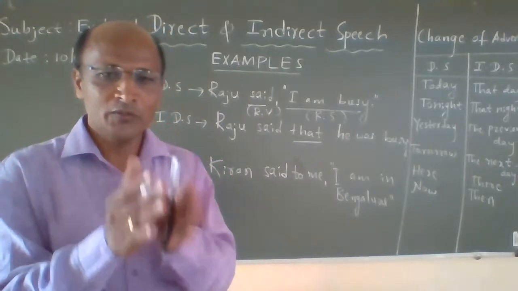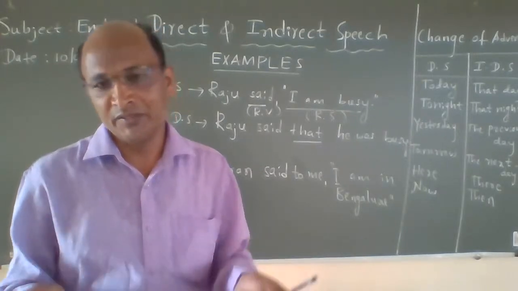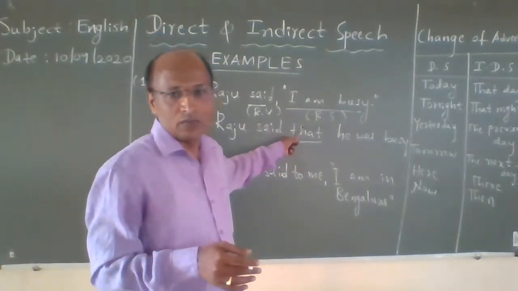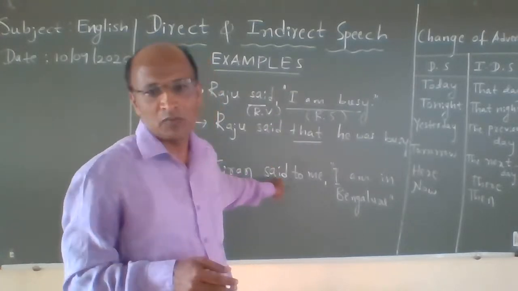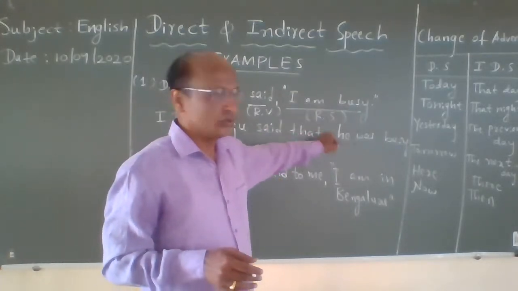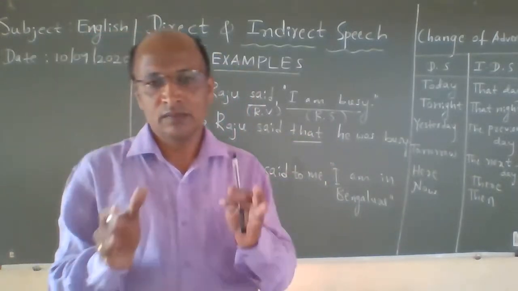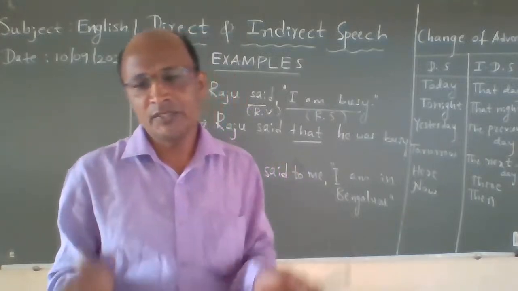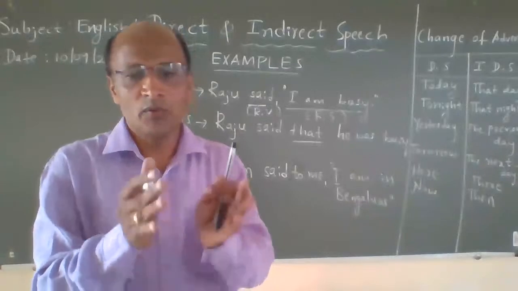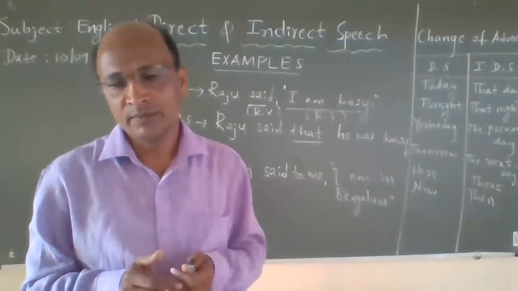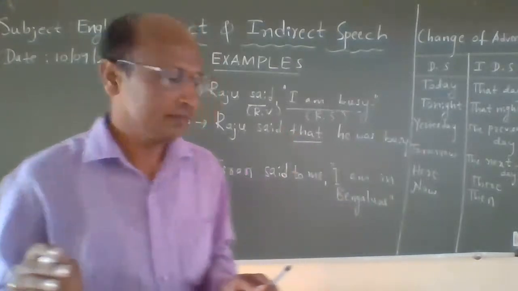According to the rule, when the reporting verb is in past tense, the tense form of the direct speech is changed. As in the first example, the present tense is changed to past tense. Here, I am in Bangalore is present tense. While changing direct speech into indirect speech, the present tense is changed to past tense. When the reporting verb is in past tense, the tense form of the direct speech is changed automatically. No doubt. Right?